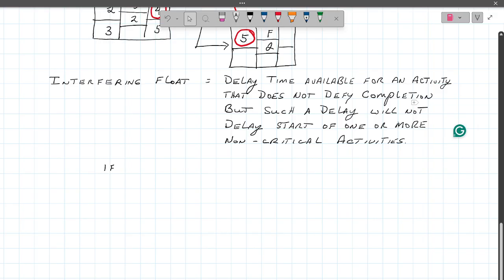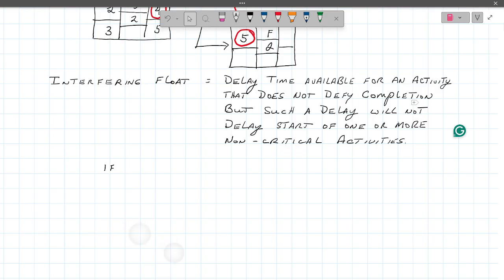Interfering float is the delay time available for any activity that does not delay project completion, but such a delay will not delay start of one or more non-critical activities. It's a mouthful for: if you got wiggle room, you can delay the start. Okay.